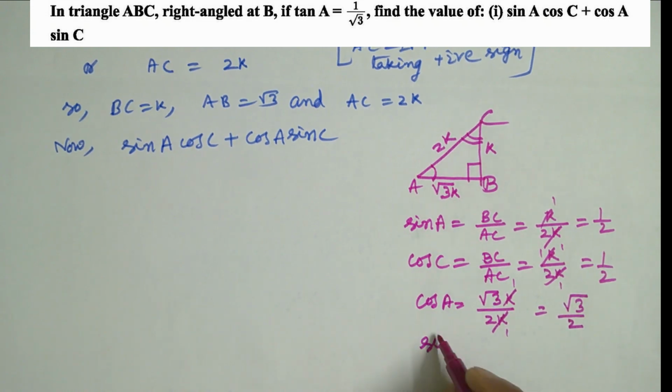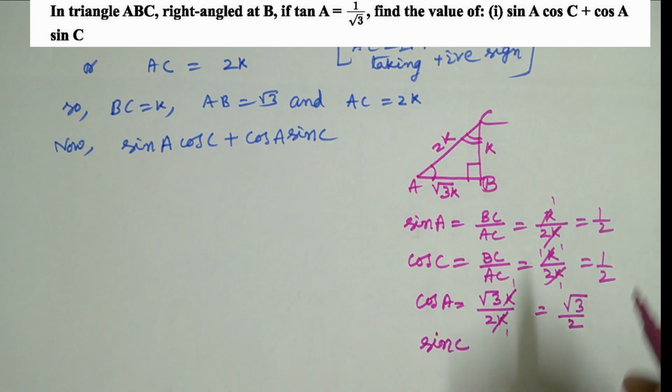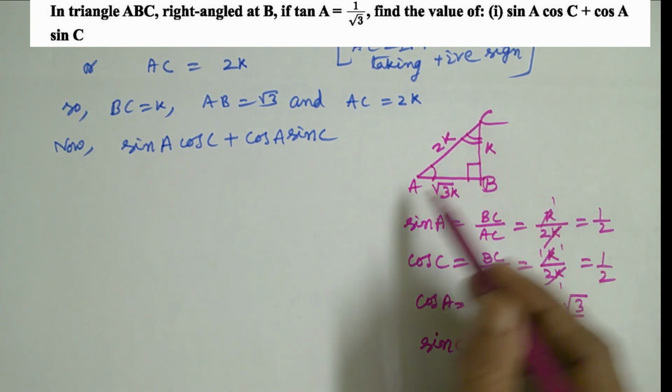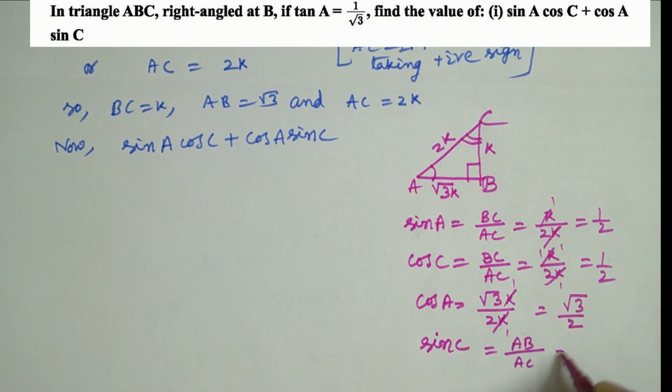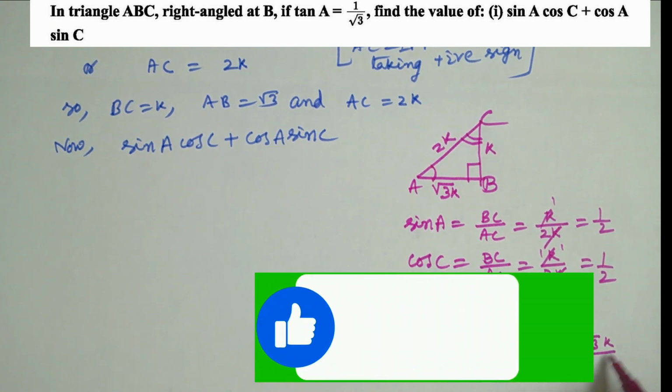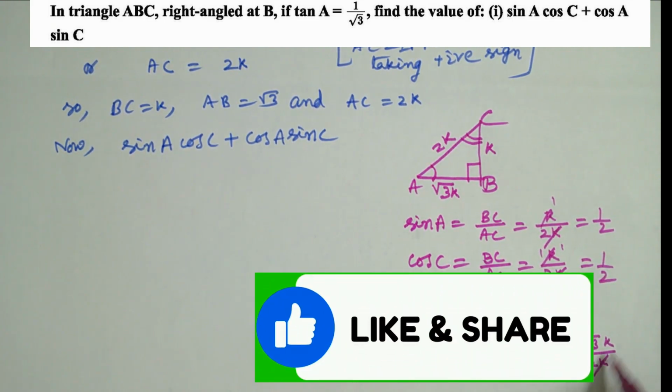Sin C, with respect to angle C, AB is perpendicular. So that is equal to AB by AC, AB means root 3K by 2K. K gets cancelled. That is equal to root 3 by 2.